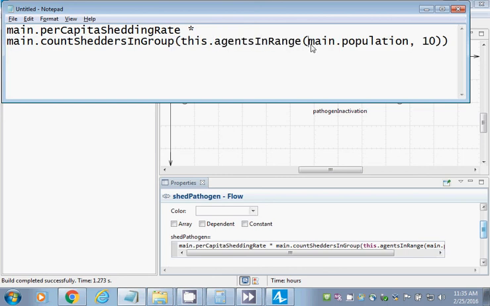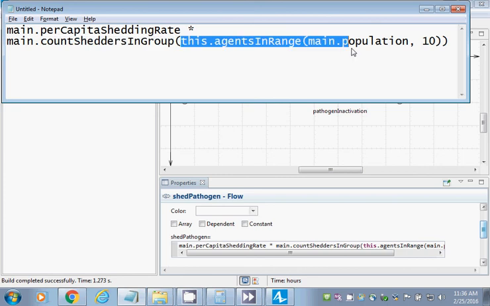Does that make sense? That's the flow in. How much pathogen is coming in per unit time? There's a per capita shedding rate per unit time times the number of shedders. This is a per capita rate, so we multiply it times the number of heads, the number of people who are shedding.